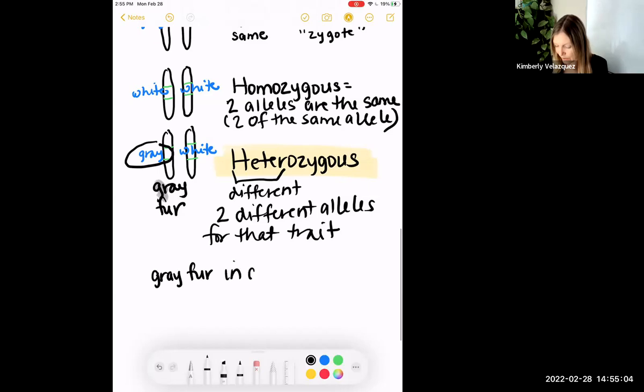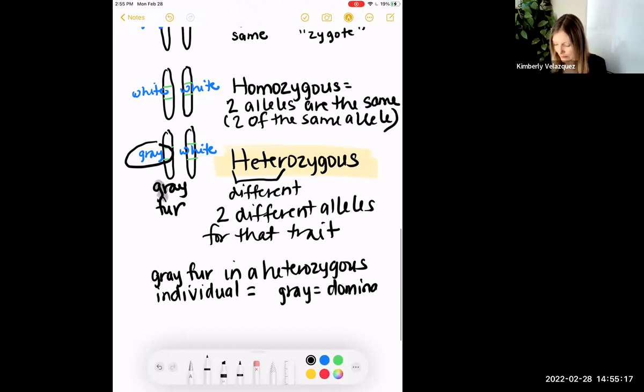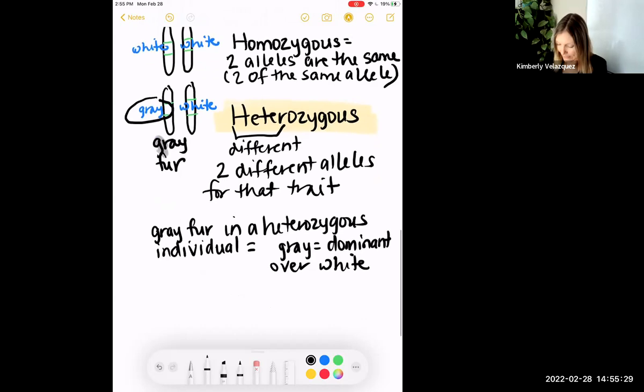So gray fur in a heterozygous individual for fur color tells us that gray is dominant over white. So when you have one of each, gray is the one getting expressed. That means white is what's called recessive. So gray is dominant and white is recessive.